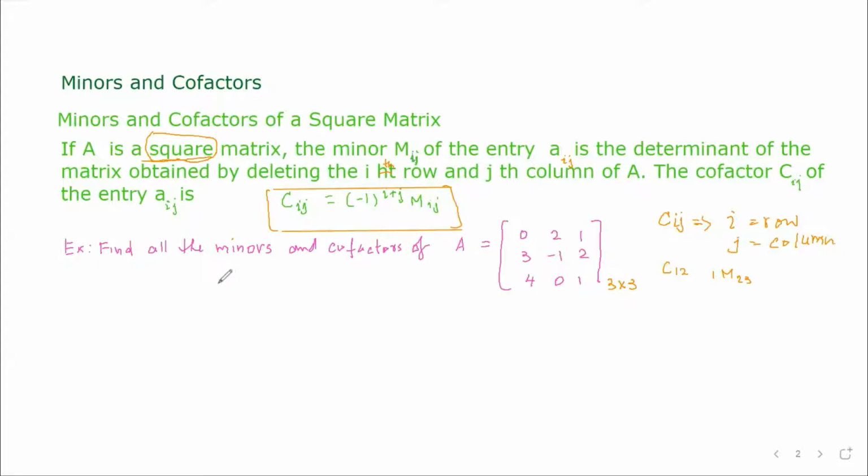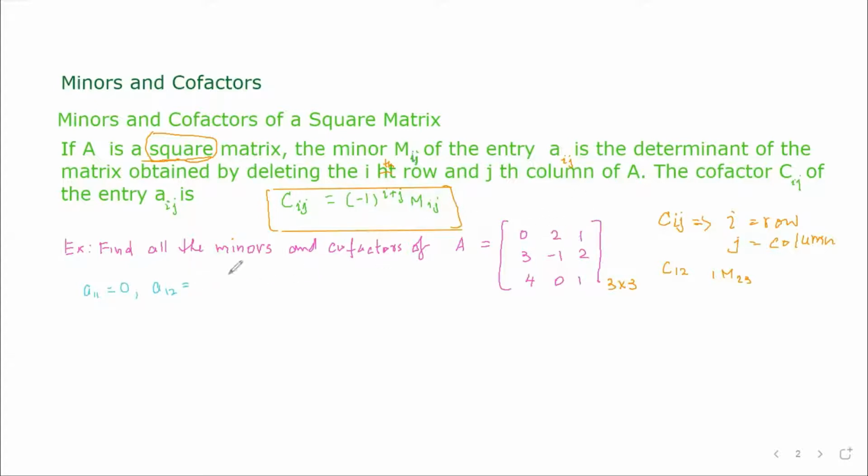Okay, so for example, this element 0 means A11. If we see elements or entries, it's entry A sub ij. So A11 equals 0. A12 equals what?